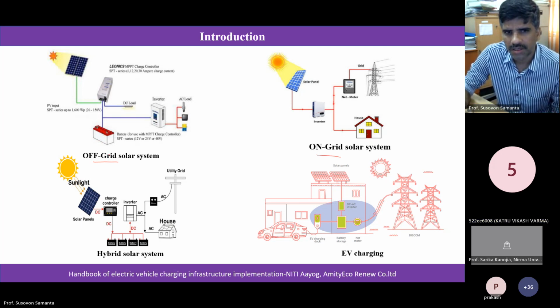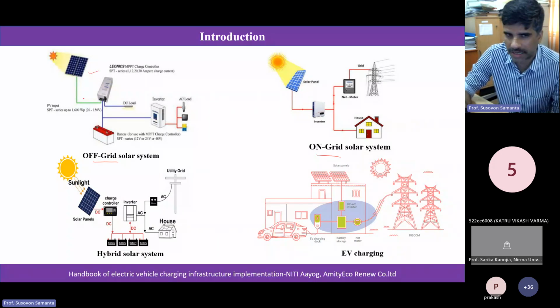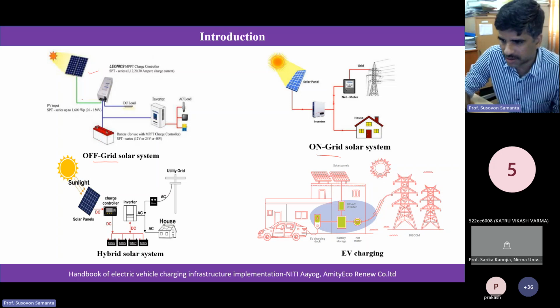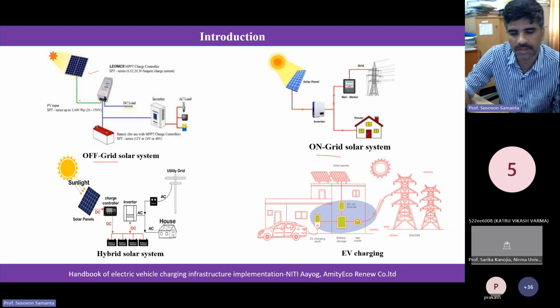In an off-grid solar system, you don't have any grid, so your only source is the solar panel. But the main problem is obviously during night and during rainy season, where the level of irradiation is less, then you have less power available from the solar panel.